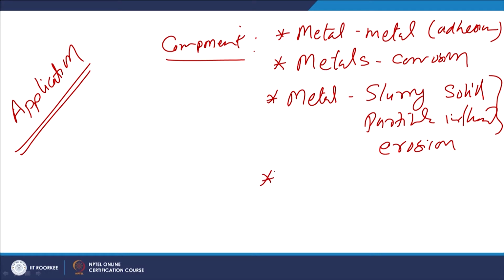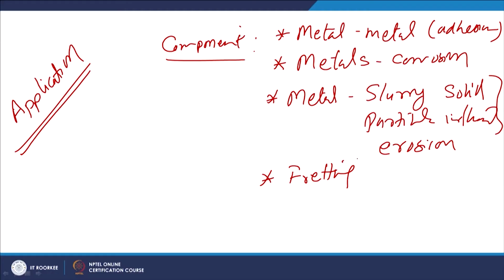Likewise, if there is a loose fitting between two mating components having relative motion during the service, causing material loss, it will cause fretting or fretting fatigue under dynamic loading conditions. So, there is a variety of applications where metals are used, and each one will be experiencing different kinds of conditions, different modes or mechanisms of material removal.